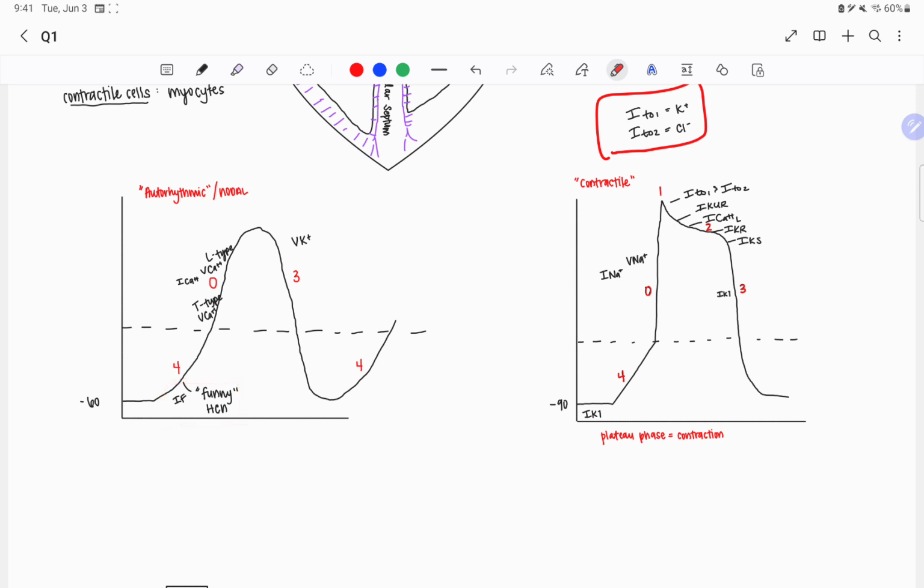Okay, so what happens is when a cell is repolarized, as soon as it gets down here, these IF channels, funny channels, HCN channels, whatever you want to call it, they automatically start to depolarize the cell again. And so then it gets back up here to threshold, and then we have our action potential. Okay? So as soon as the cell is repolarized, it just automatically starts to depolarize it.